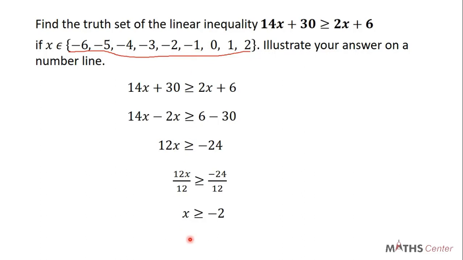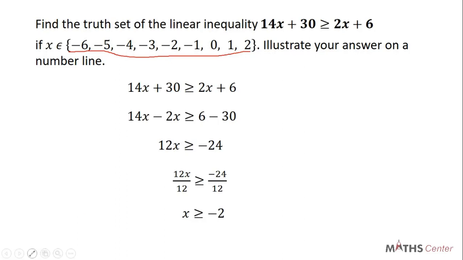The set is telling us that the value of x that you find is in this set. So the answers for x are numbers in this set that are greater than or equal to -2.